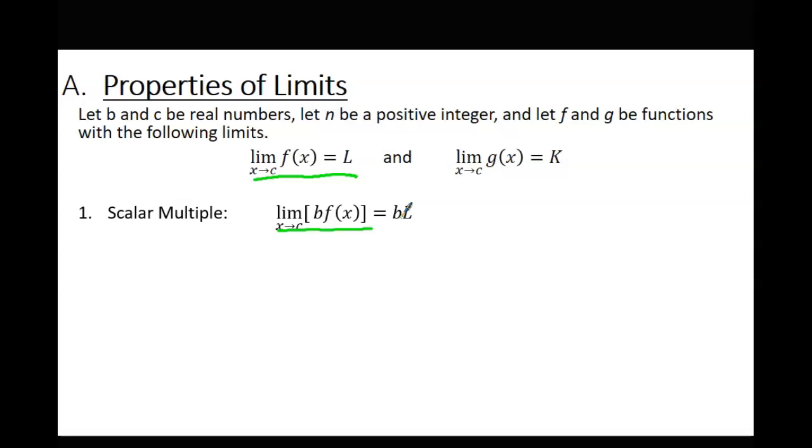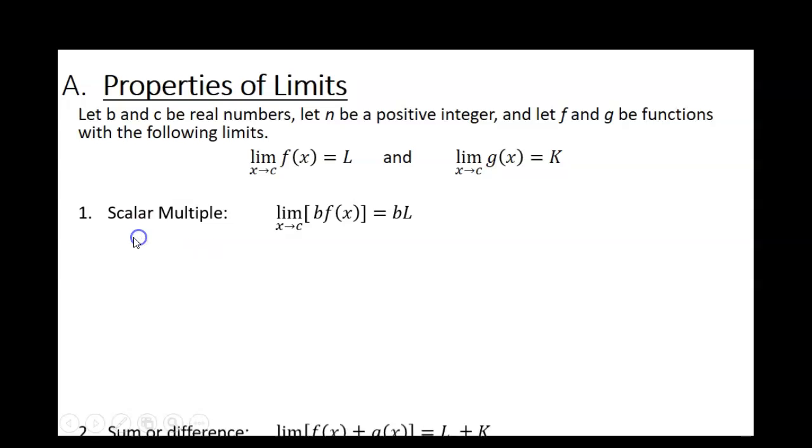Just like with derivatives and integrals, if there's a constant, it just sits there. When we took the derivative of 5x, the answer was just 5. Or in this case, when we take the limit of a function with a constant in front, it's going to be the same limit, but with a constant being multiplied on it.